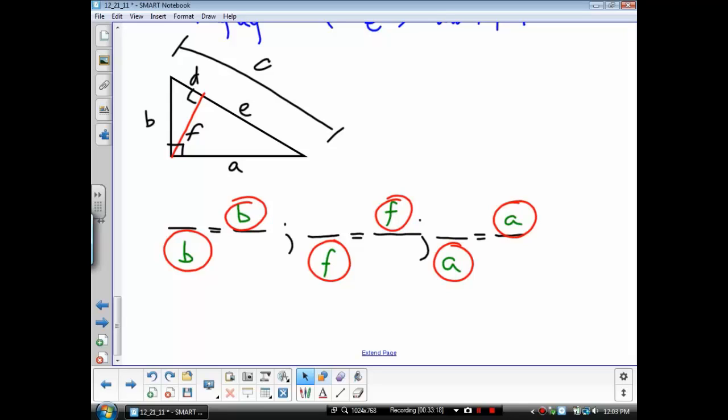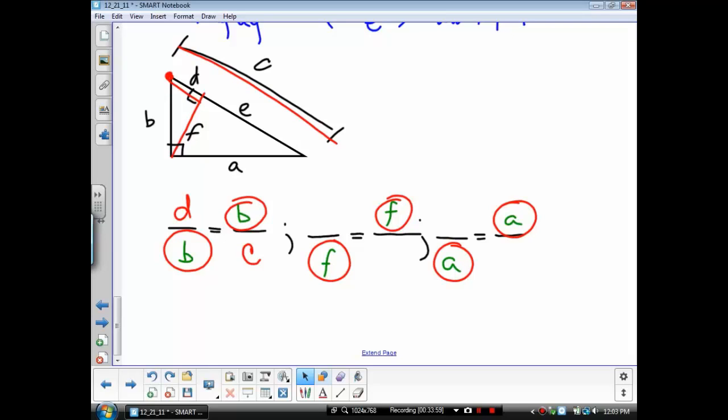Now you're thinking pieces of the webbing, right? B is the mean between D and C. The piece of the hypotenuse adjacent to it and the whole hypotenuse. Notice both of those pieces intersect B at that point. D and C. C actually is this segment right here, and it intersects B at that point, just like D does. Okay?